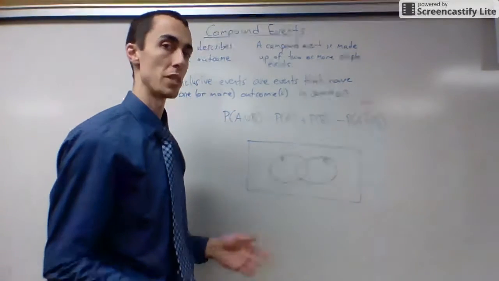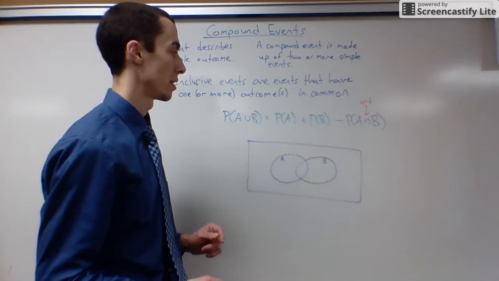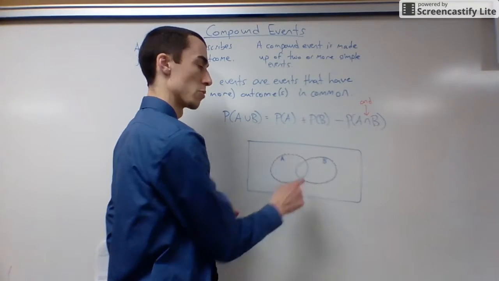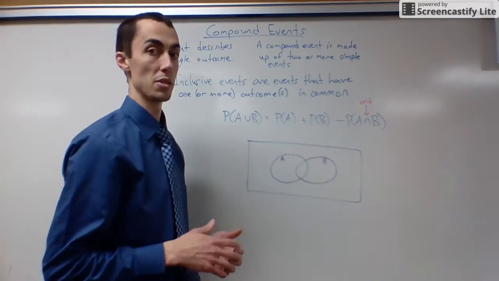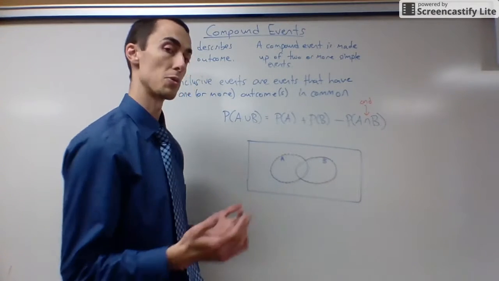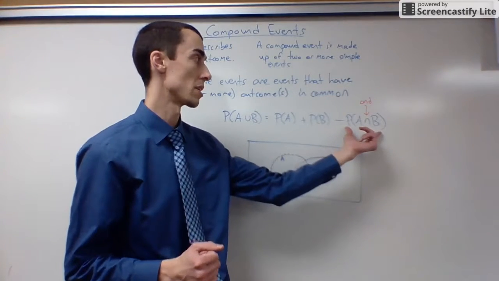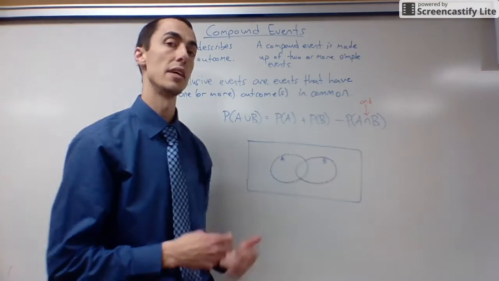We don't want to count it twice, we just want to count it once. So we're going to subtract off this overlap region once, and that would leave one of the overlaps remaining. That's why we subtract off this probability of A intersect B at the end of our formula.